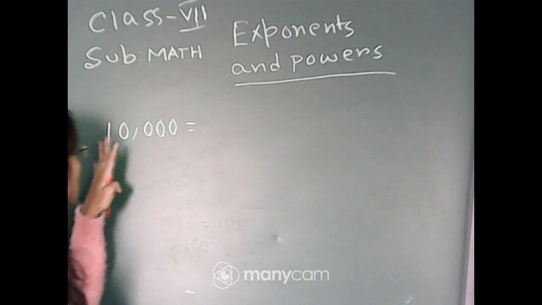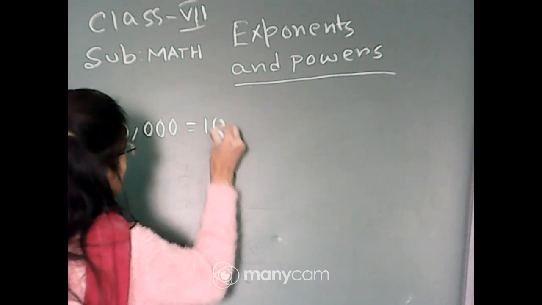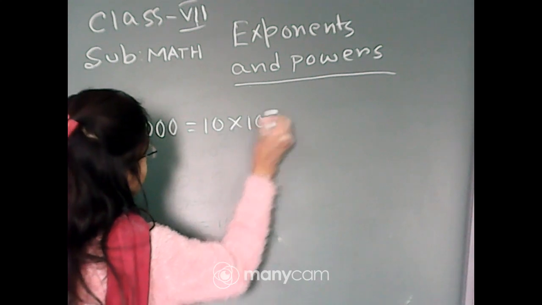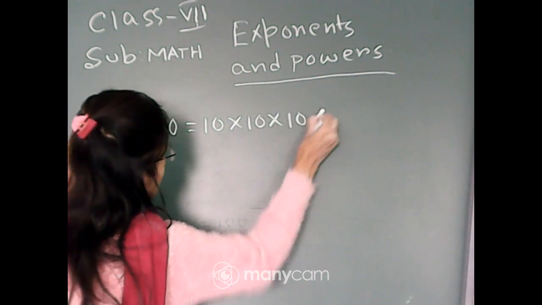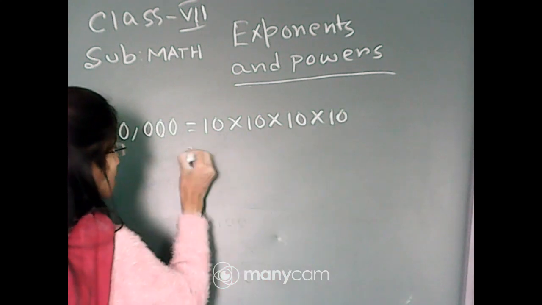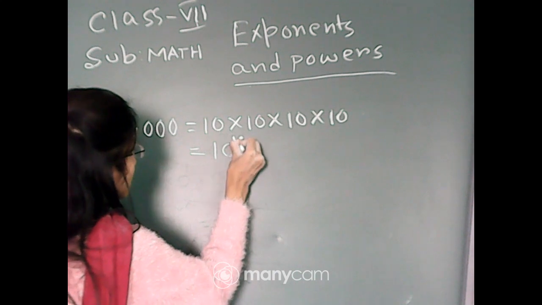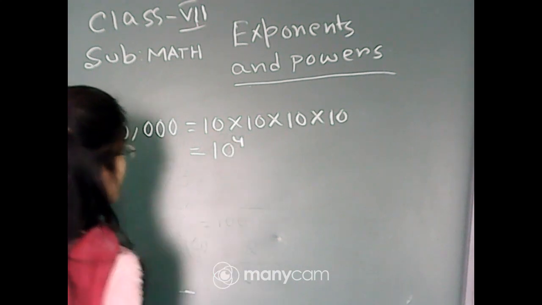Now, consider the number 10,000 and we can write it as 10 cross 10 cross 10 cross 10. Here 10 is 4 times, so we can write it as 10 to the power 4.